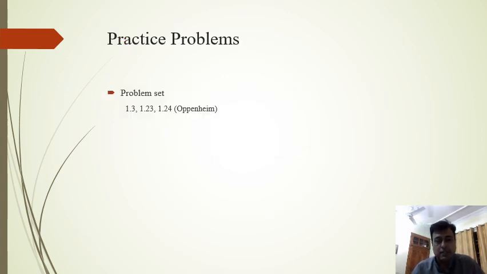Okay, so there are a few practice problems for your homework. If you want to do them, 1.3, 1.23 and 1.24 in your book, which is Signals and Systems by Oppenheim, and in those problems you have to perform these very basic operations. So today's lecture was about some fundamental operations which can be performed on dependent variable as well as independent variable.